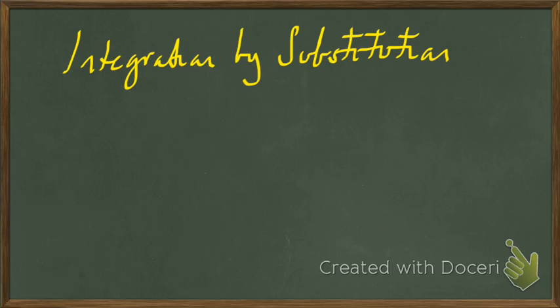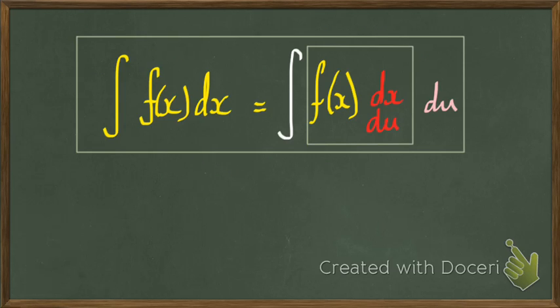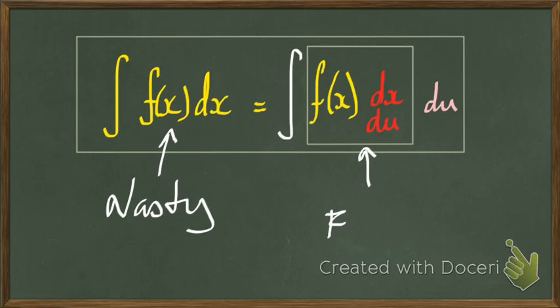This video is part of the series on integration by substitution, and we are going to be looking at this particular one on trig and how we do that. We'll be using the formula that we derived in the initial introductory video, which turns the nasty thing I'm given into something easy to do by turning it into a u substitution, which makes life a lot easier.